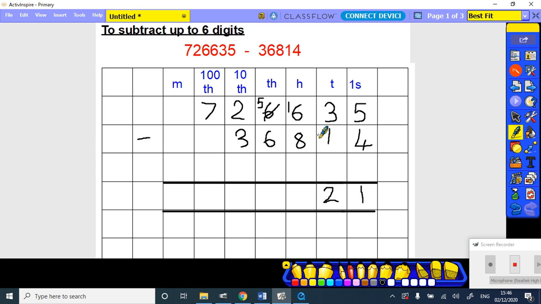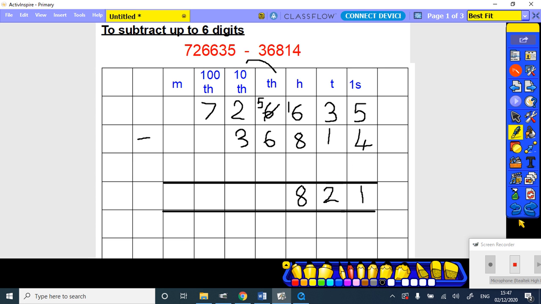We can then go back to subtracting our hundreds column, and we can do 16 hundreds, take away the 8 hundreds, and that leaves us with 8 hundreds. We can then look at the thousands column, and we can see we need to do 5,000, take away 6,000. Again, as 5,000 is smaller than 6,000, we cannot complete this operation. So we need to move to the next column up and take a 10,000.